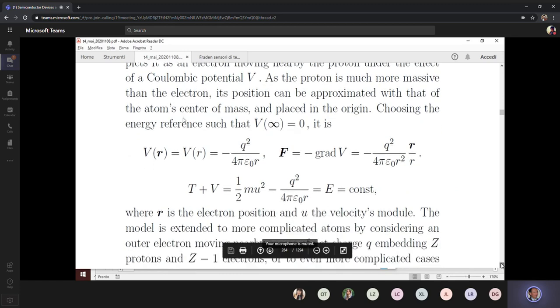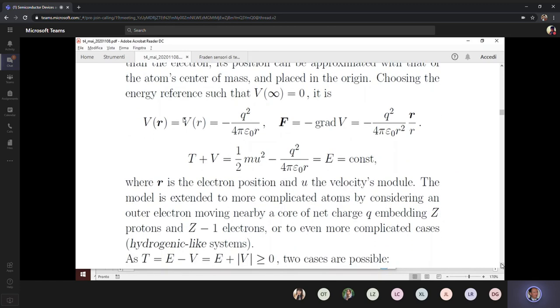on time, okay? Can we extend this description to atoms that are more complicated than the hydrogen atom? Yes. Consider an atom in which the nucleus has a total positive charge equal to Z times Q, and the atom has Z electrons around it. So the atomic number, instead of being 1 like in hydrogen, is some number Z, okay?